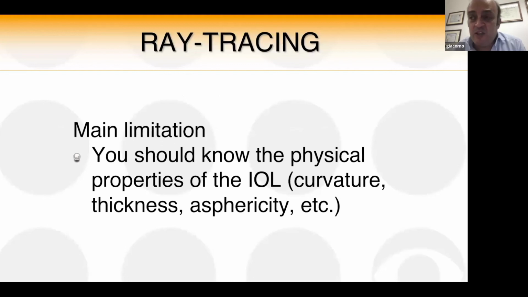The main limitation for any ray tracing software is that you should know the physical properties of the IOL, the curvature, the thickness, the asphericity, and many times these are not available. But if you just enter a generic IOL on the CSO software with the ULIB website A constant, it works sufficiently good.